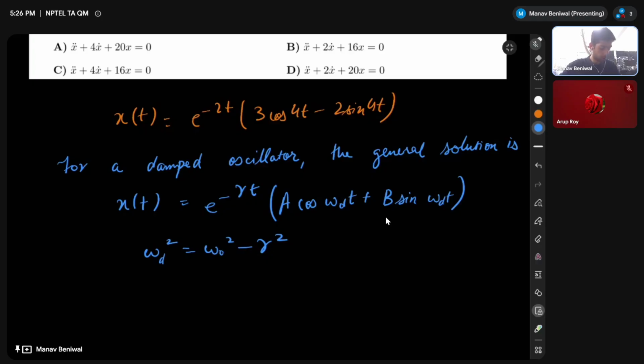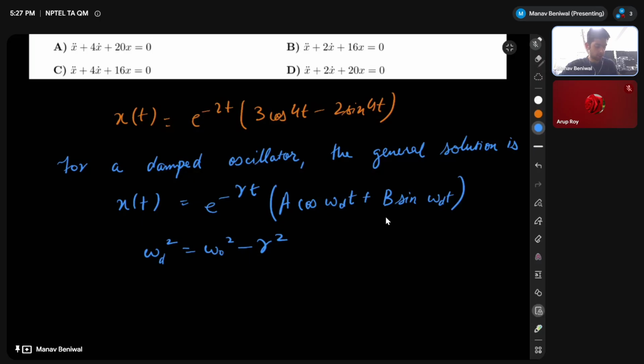So my omega naught squared comes out to be 20. I'll just substitute back in the equation of motion. So I get x double dot plus, now this 2 gamma will give me 4x dot, and omega naught squared is 20, so plus 20x is equal to 0.